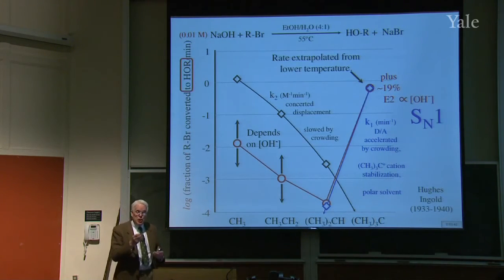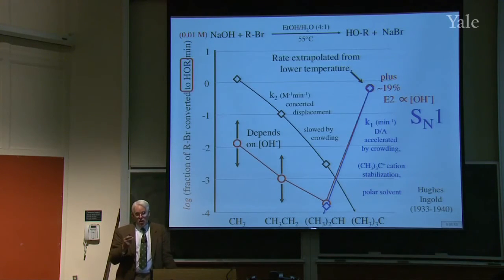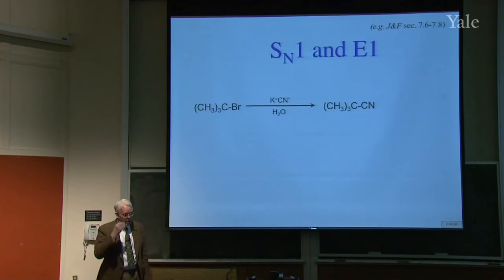And we know it's E2 because the amount you get depends on how much hydroxide you put in there. The rate of forming the alcohol, the substitution, doesn't depend on the hydroxide. But the rate of forming the alkene does depend on the hydroxide. So you change the ratio of the products by changing the hydroxide concentration.